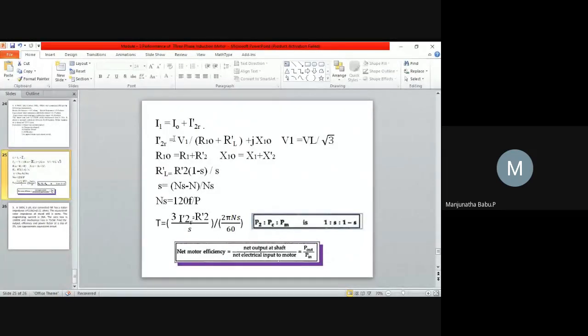So get the answers in both rectangle form as well as the polar form. Sir, 49.81 plus J 0.84, sir. Pardon? 49.81 plus J 0.84.